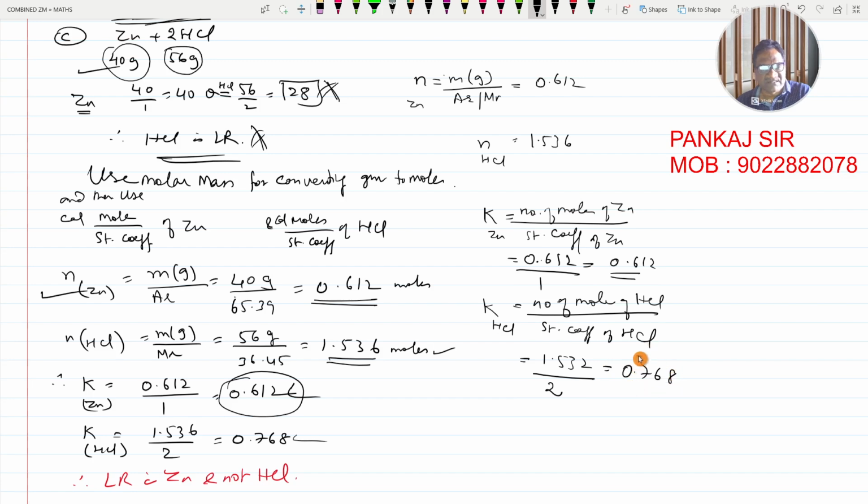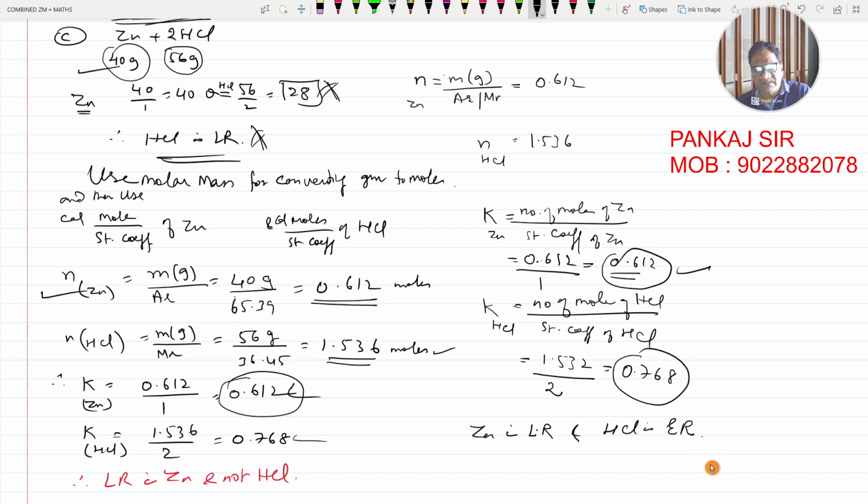Now out of these two values, which one is smaller? Of course, this is smaller. So your zinc is the limiting reactant. In the C scenario, where the grams were involved, the zinc has become the limiting reactant, and obviously when zinc is the limiting reactant, then your HCl is your excess reactant.